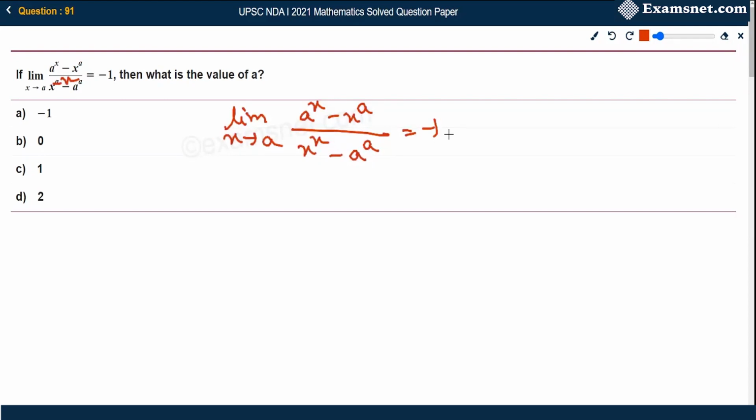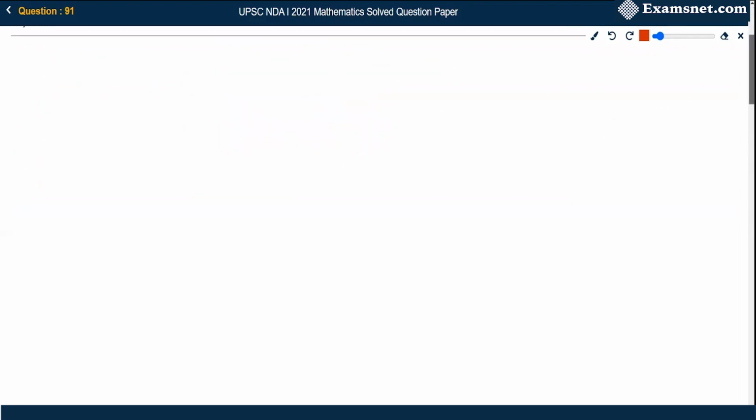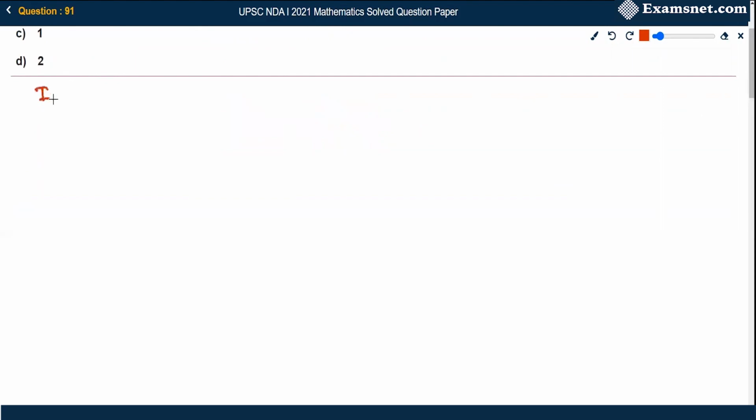First of all, we will talk about indeterminate form. What is that?